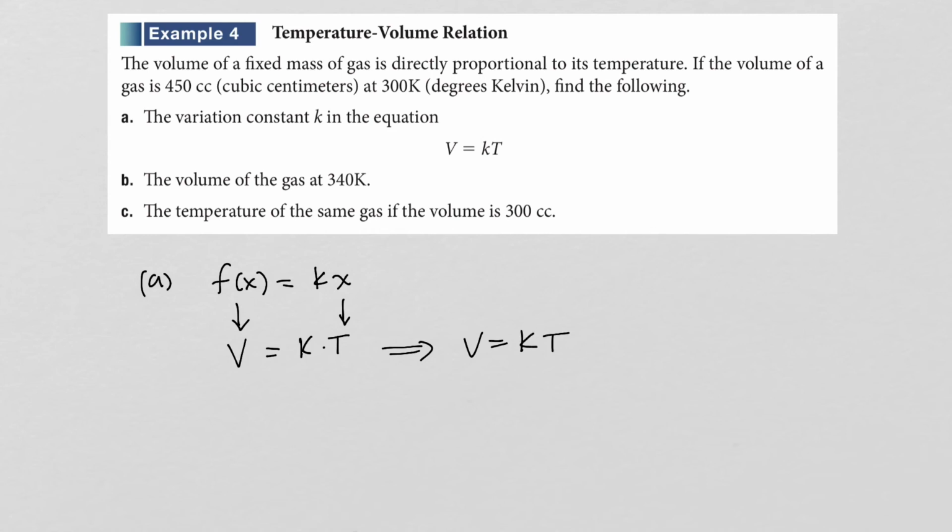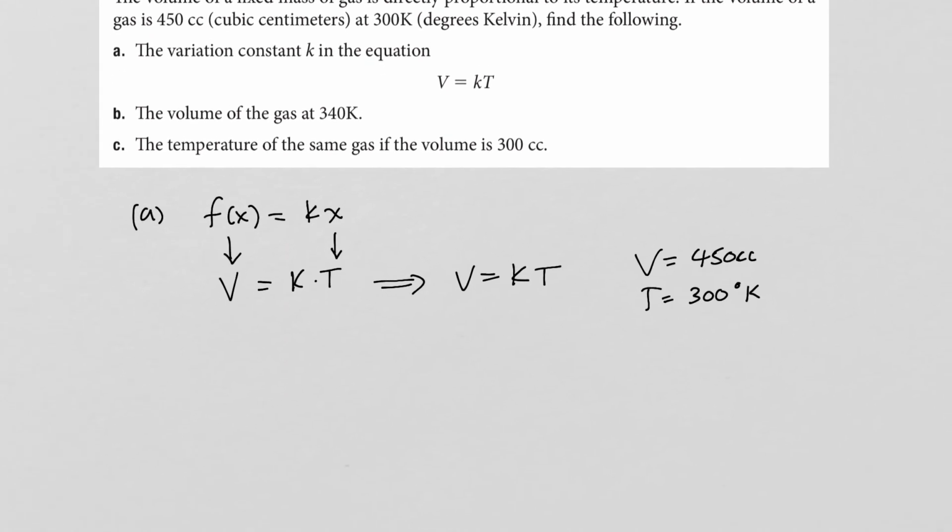Now they do tell us that the volume of the gas is 450 cubic centimeters when the temperature T is 300 degrees Kelvin. If you plug in those two quantities, you can figure out K. So volume is 450, and then we have K times T, which is 300.